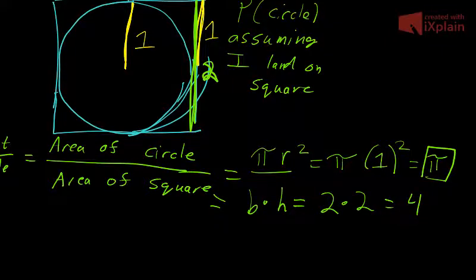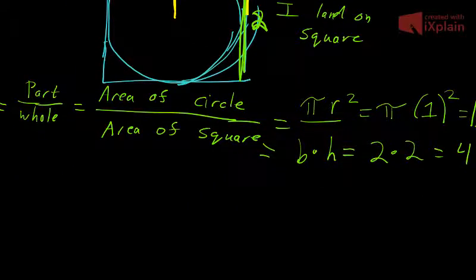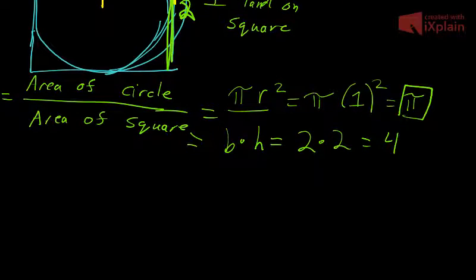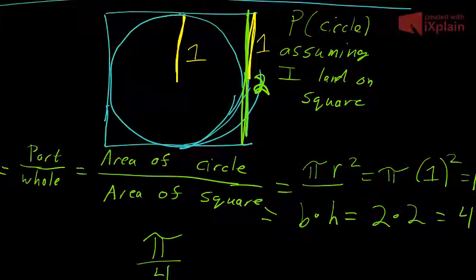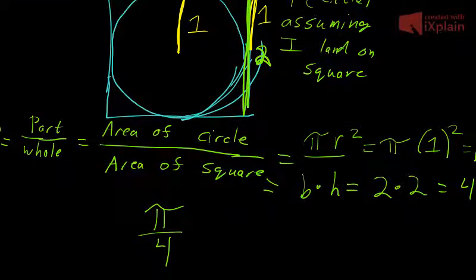So then I can say that my probability is the area of the circle divided by the area of the square, and we just found out that that would be pi divided by 4. That is the probability of hitting the circle if I did hit the square: pi over 4.